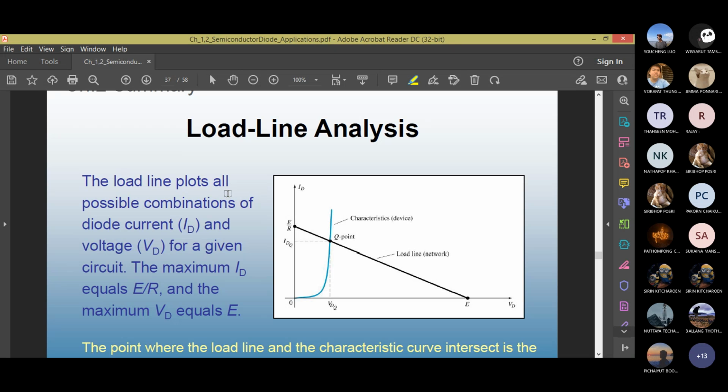We start with the load line analysis. Can you see the load line analysis? Yes. Okay. Please let me mute one of the students because there is a background noise. But if you need to speak up, you can unmute yourself or request me.